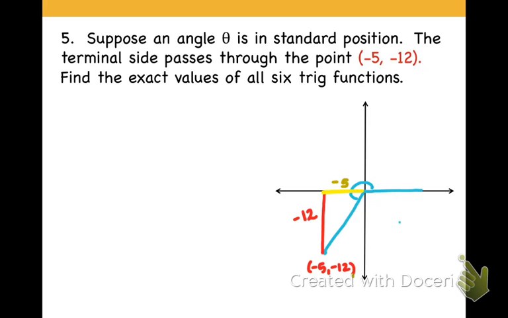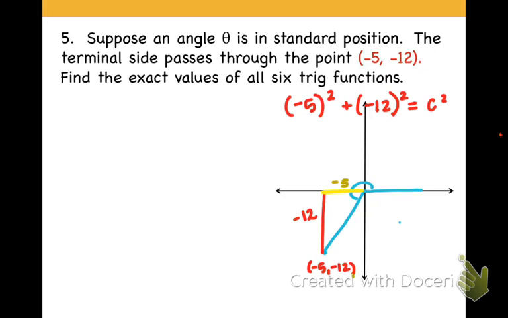So we can do our Pythagorean theorem. And when we do this, we want to be careful with those negatives. It is (-5) squared plus (-12) squared equals c squared. After we square them, we want those numbers to be positive.